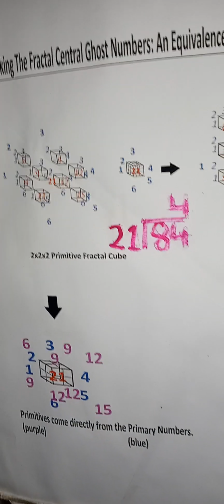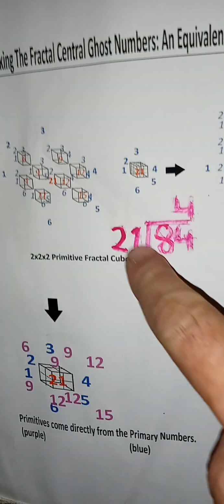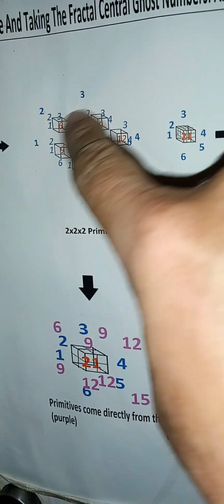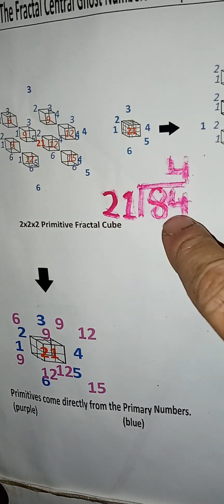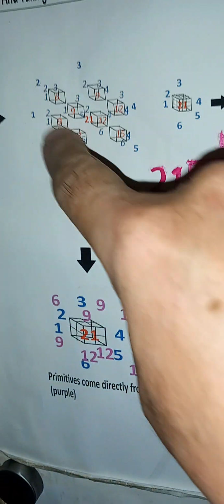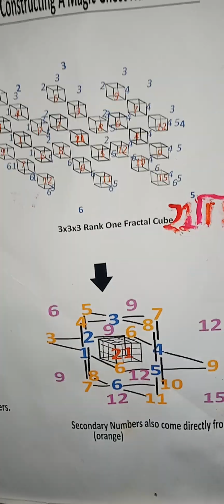And then you'll see that 21 goes into 84, which is the accumulation of all these cubes, 4 times, which is 4 cubes to a face. Then this is a 3 by 3 by 3, which is what this model is right here.